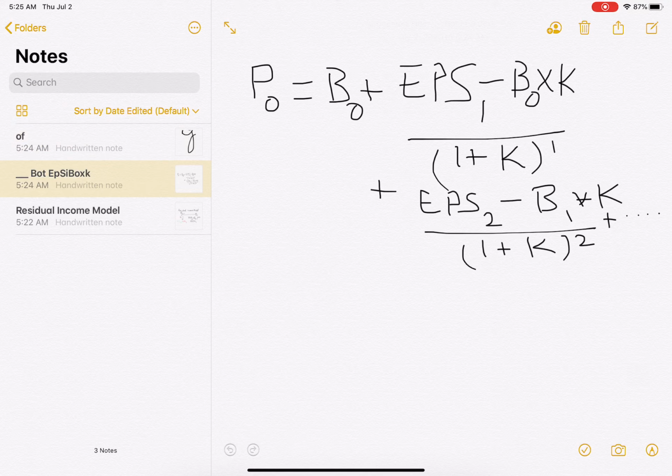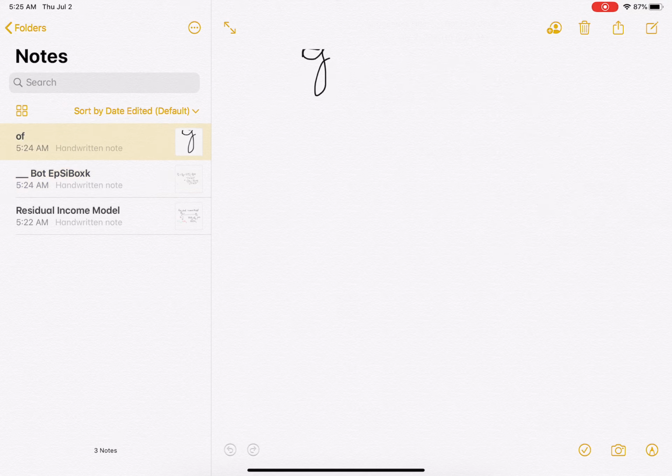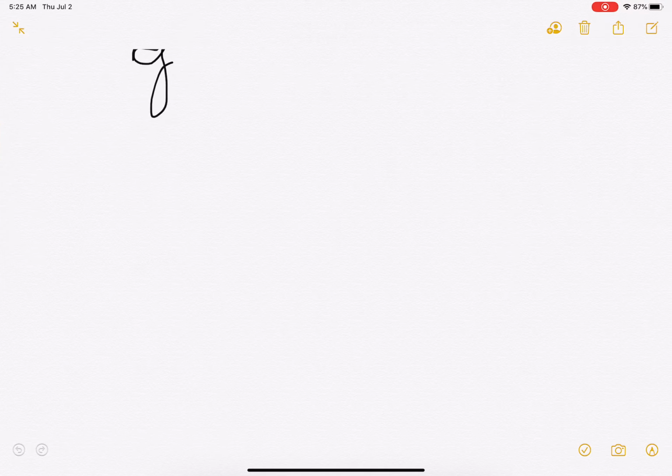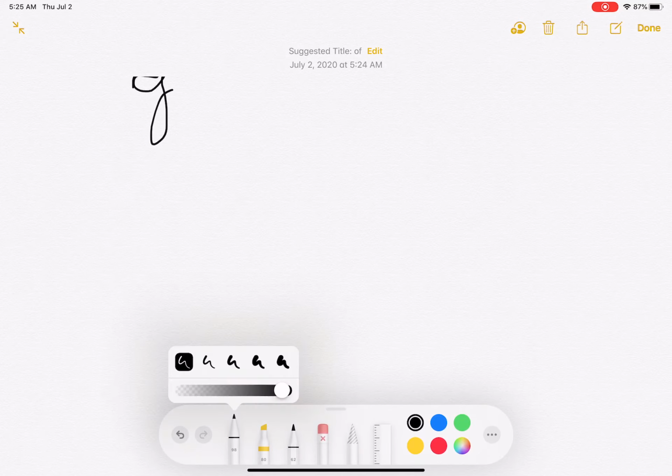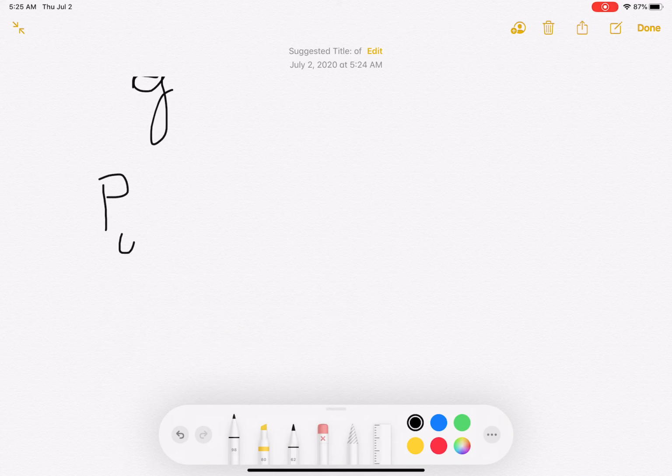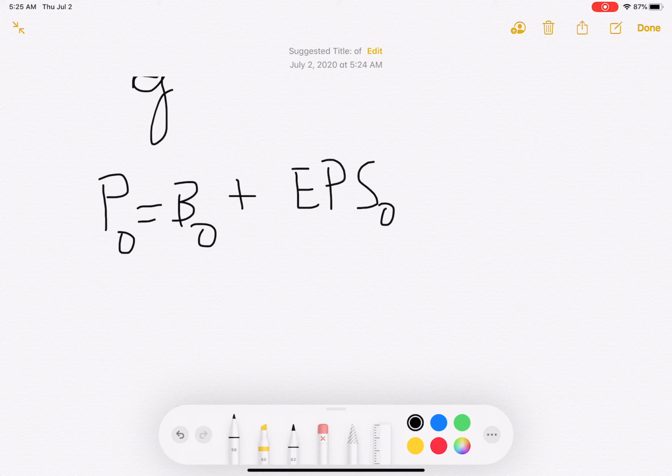And so this we can rewrite as P naught equal to B naught plus earning per share right now, the current earning per share growing at a constant rate.